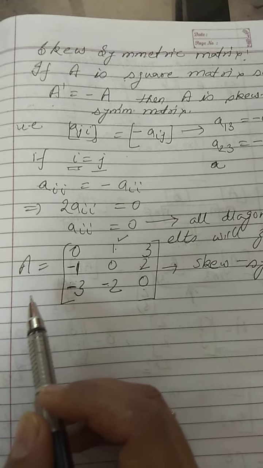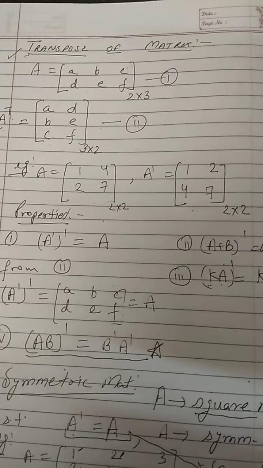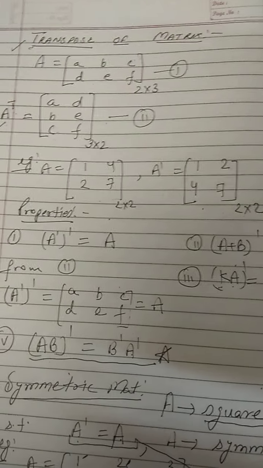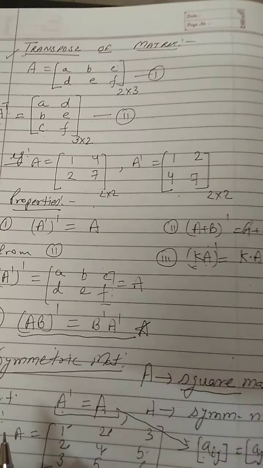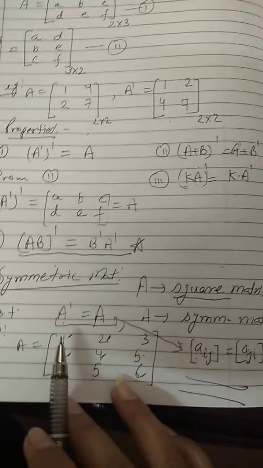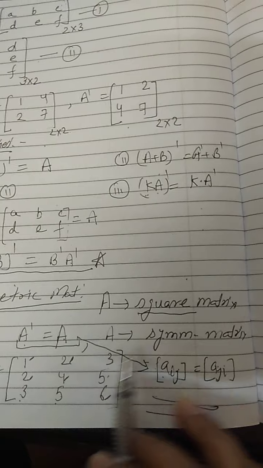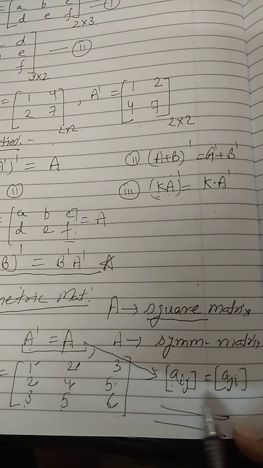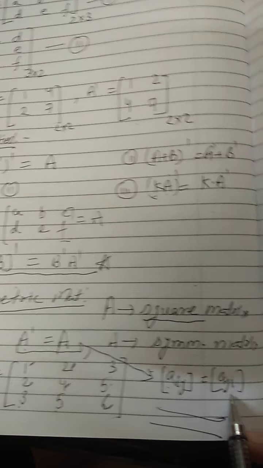So this is all about, first of all, the transpose of the matrix, where A transpose means rows and columns interchange. Second, we have discussed symmetric matrix. If A transpose is equal to A, then A will be called a symmetric matrix, and every aij element will be equal to the aji element.